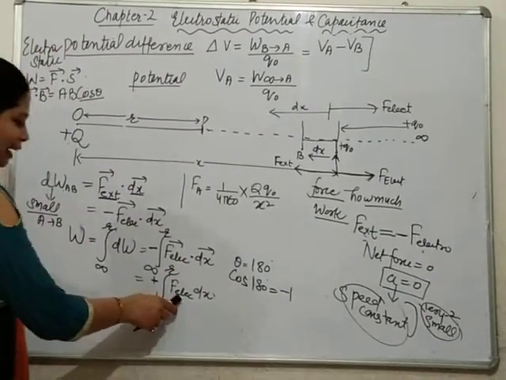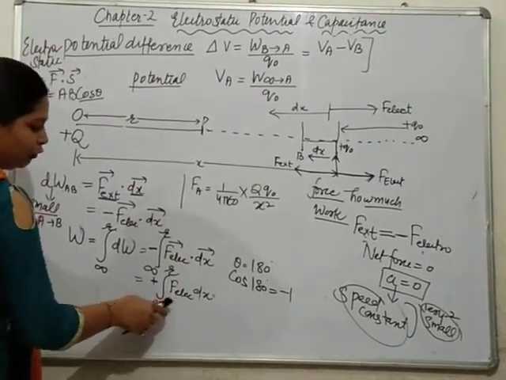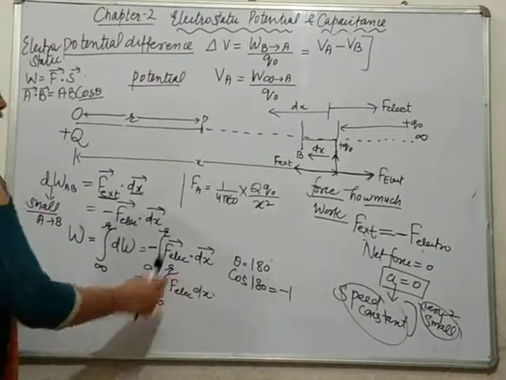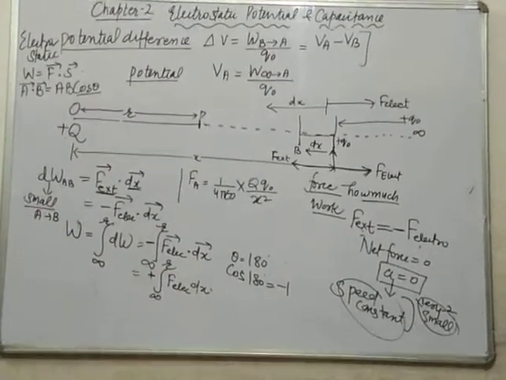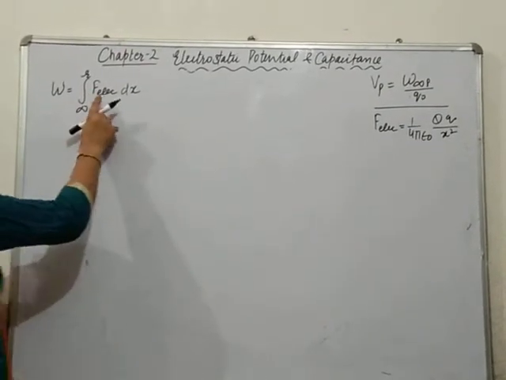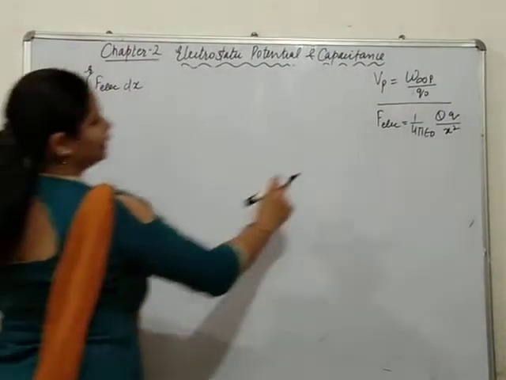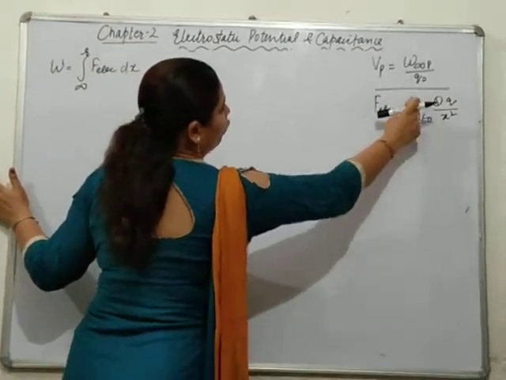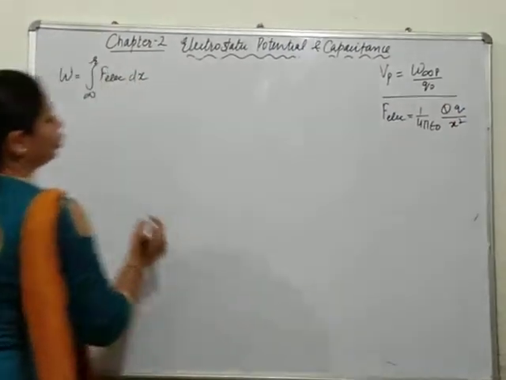Now F electrostatic dx, integrate from this limit. What is the value of F electrostatic? The expression we have received up to now is that total work is equal to integral of F electrostatic dx. What is the formula for F electrostatic? 1 upon 4 pi epsilon naught q by x square.